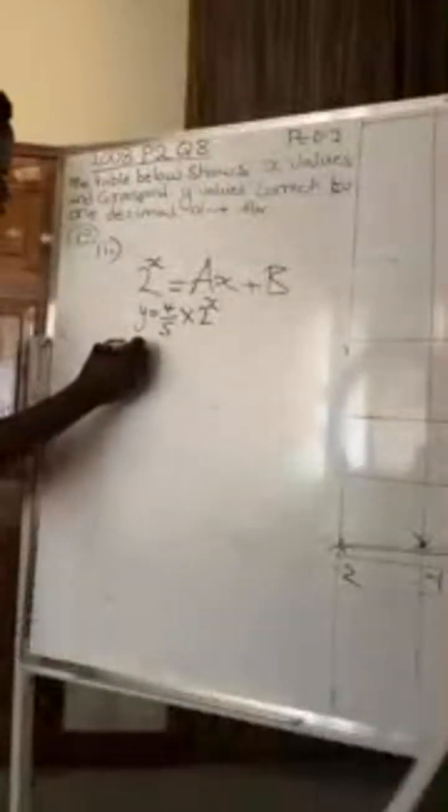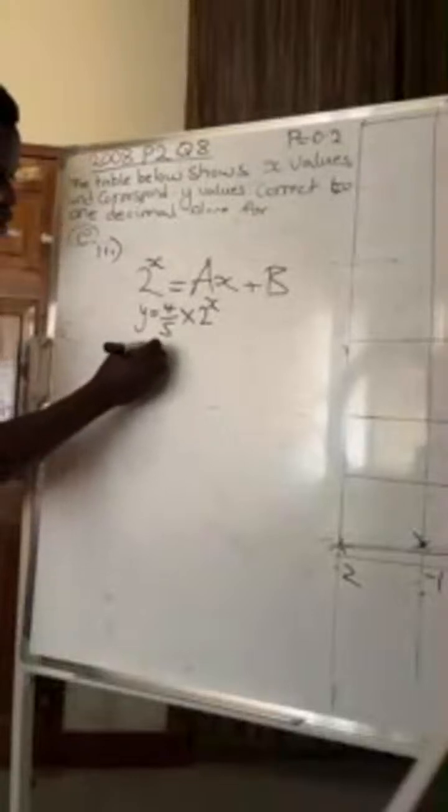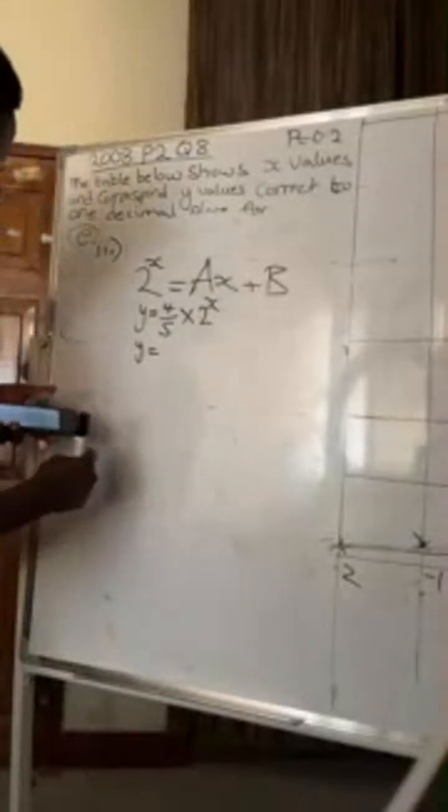And the equation of the straight line is y equals 8 minus 2x.